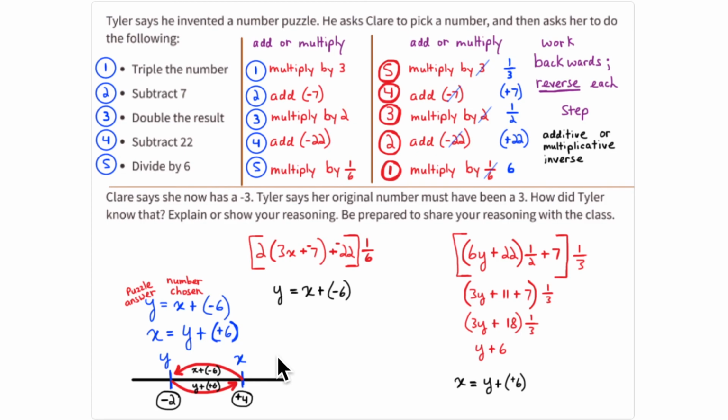And again, on this number line, this visual, if you begin with x, to get the answer, you add a -6. So x goes to y this way. But if you're given the answer, I got a -2, to get back to the number selected, you add a +6. That gets you back to +4.